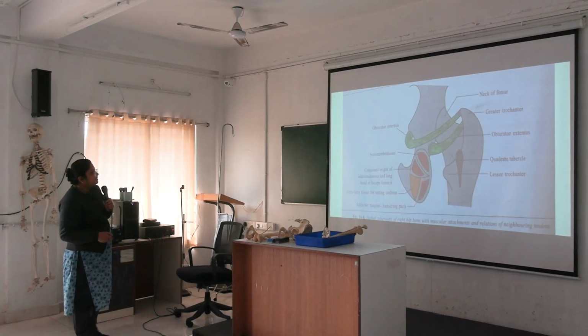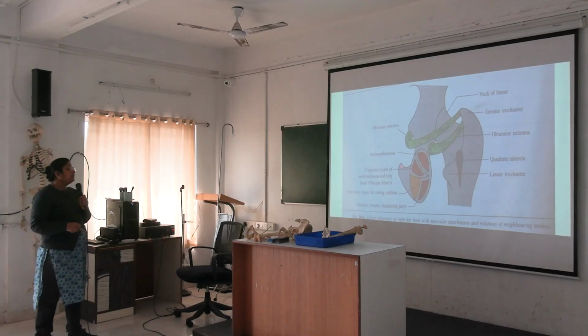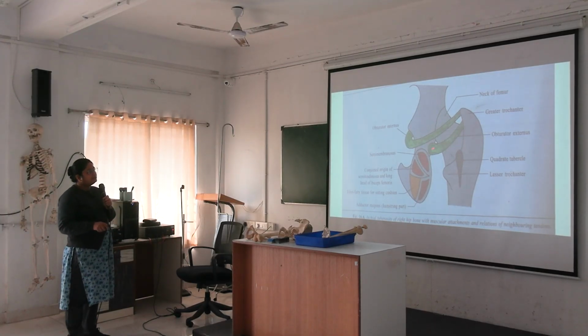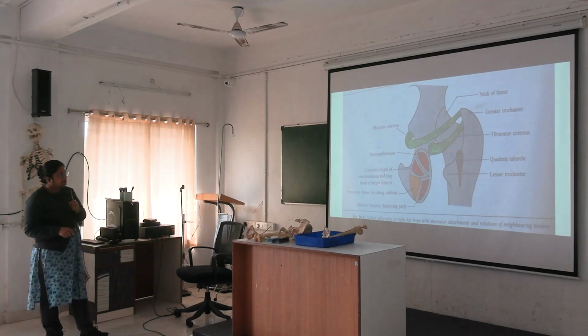Okay, and here is the attachment of the ischial tuberosity: upper quadrangular area, lower triangular area. The upper is divided by an oblique ridge into two parts: upper and lateral, semimembranosus; lower and medial, conjoint origin of semitendinosus and long head of biceps femoris. The lower area is divided by a ridge into a lateral part and a medial part.